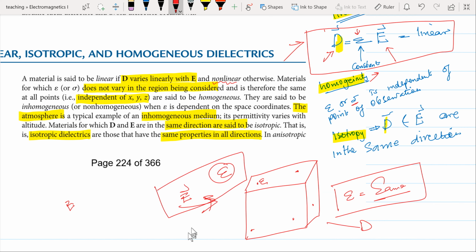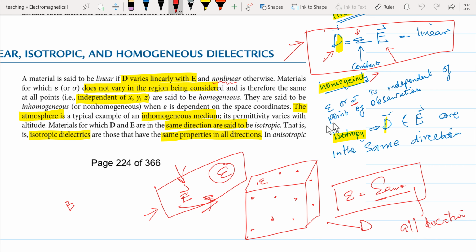That is how we define it as linear. But if we are not varying electric field strength, but we are varying the point of observation, where we want to find out what is our epsilon at different points, and we find that at all points, at all occasions, epsilon is the same, then we say that material is homogeneous.